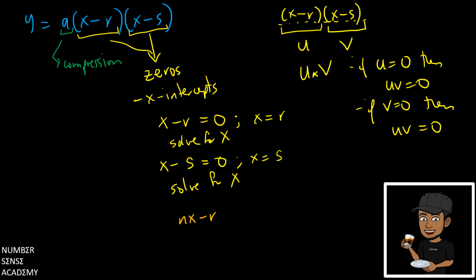If that's the case, x is going to be r over n. And then you might have m times (x minus s) equals 0, so x is going to be s over m. So you might have to do a bit of calculation to figure out what the values of x are, so that you can get the roots.